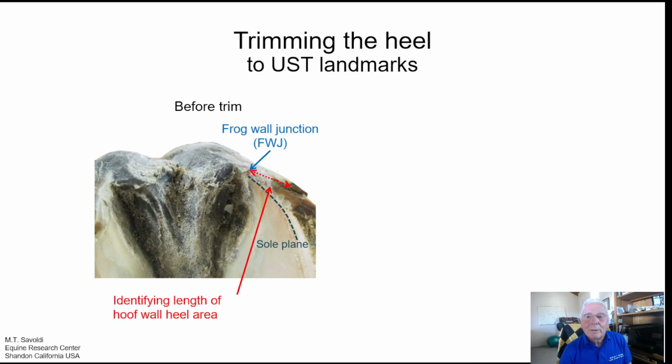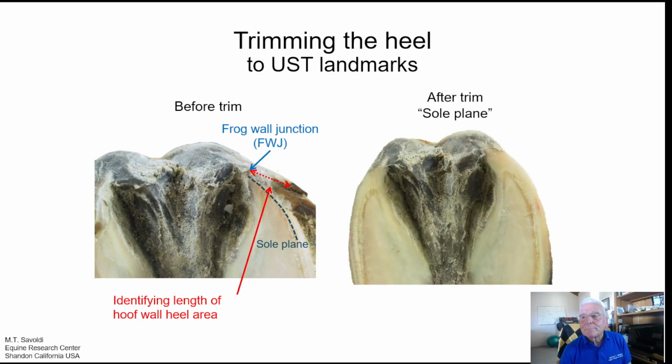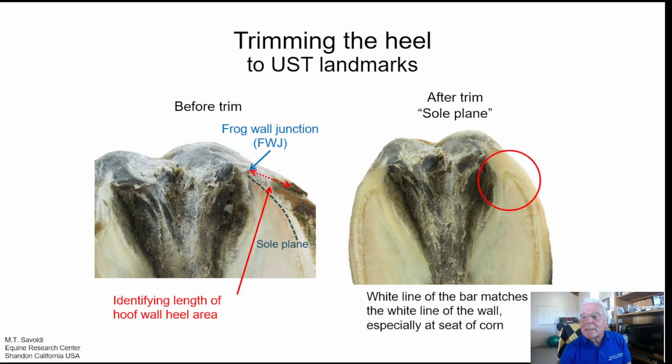There's our length of wall in the heel area. If we look at this foot after trim, we can see that the white line of the bar matches the white line of the wall, especially in the seat of corn area. That's generally how you find your heel. But let me repeat, this heel was not ready. The tissue is telling you not to trim to that point. It's not ready to trim there yet.